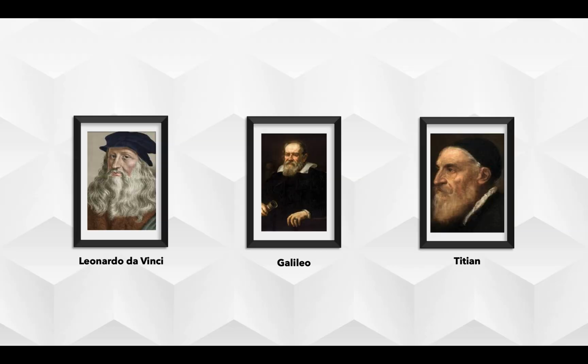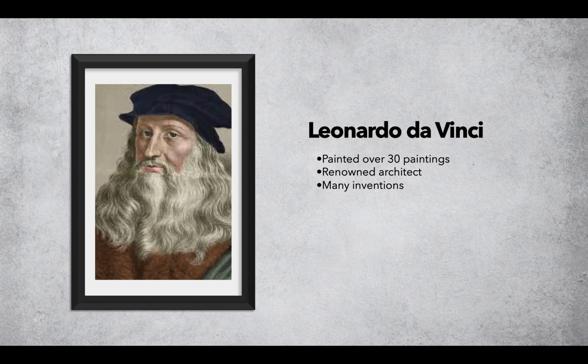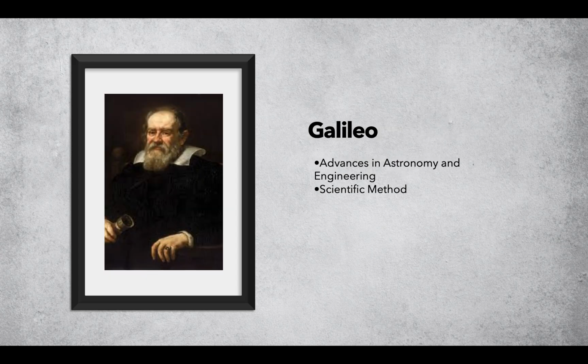Some of the most well-known artists of the Italian Renaissance were Leonardo da Vinci, Galileo, and Titian. Leonardo da Vinci was most well known for being a painter, architect, and inventor, having invented both the helicopter and the parachute. Next is Galileo.